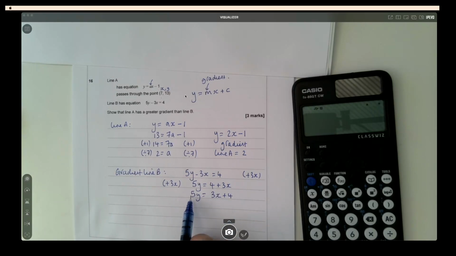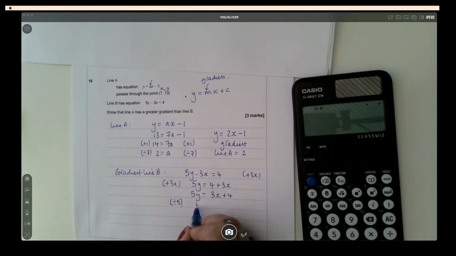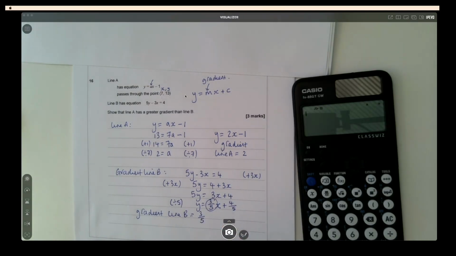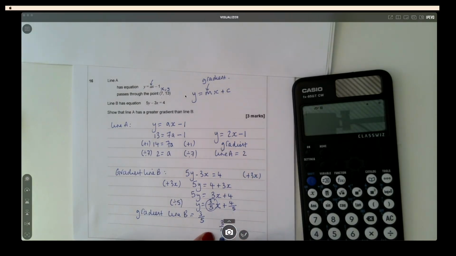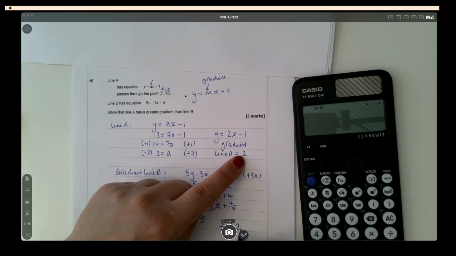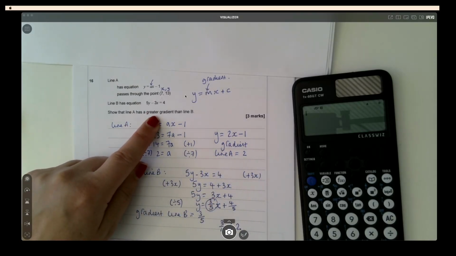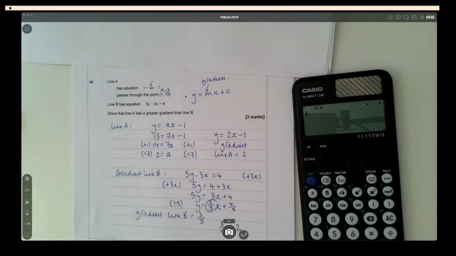The problem here though is it's 5y, not y. So what we're going to have to do is divide by that 5. So divide by 5, y equals 3 over 5 x, add 4 over 5. So the gradient of line B is 3 over 5. So 3 over 5 is less than 2. So line A has a greater gradient.